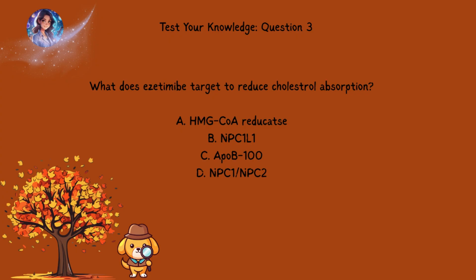And ApoB100 is the apolipoprotein carrier for LDL. It's not a drug target. And NPC1 and NPC2 are defective in Niemann-Pick, unrelated to ezetimibe, which leaves us with B.